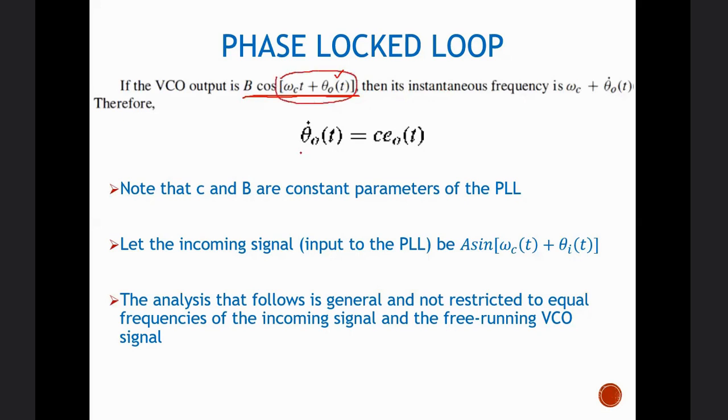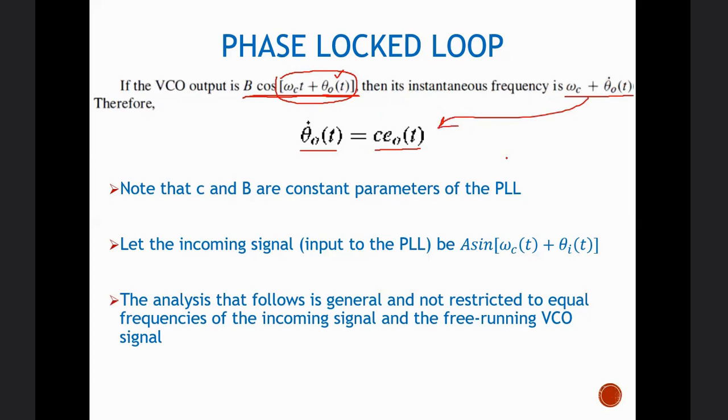So theta 0 dot, the derivative, is equal to c e0(t). So the instantaneous frequency is actually omega C plus theta 0 dot(t), where theta 0 dot(t) is given by this expression, right?